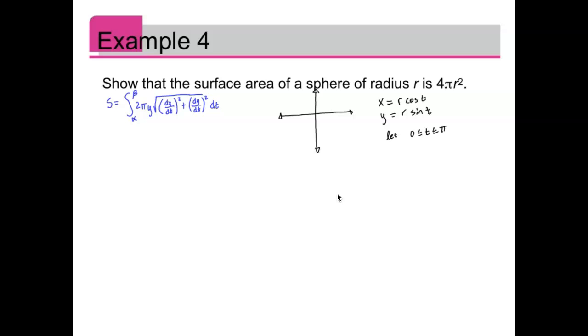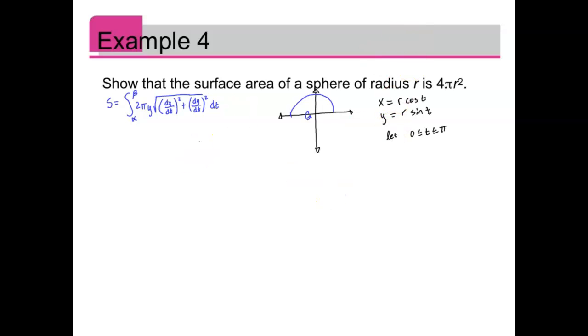That's only going to trace out the top half of that circle. And then we'll rotate that semicircle around the x-axis, and that'll create a sphere for us.